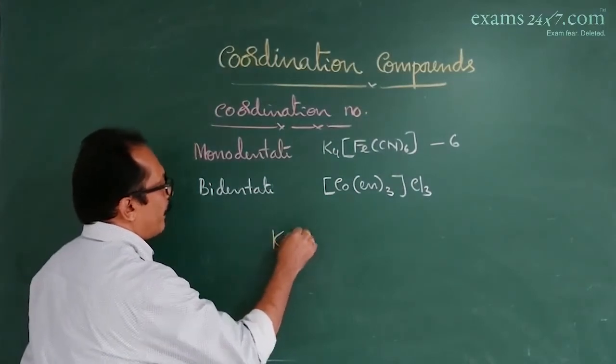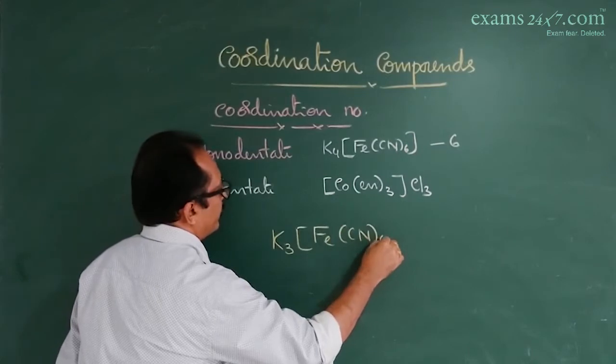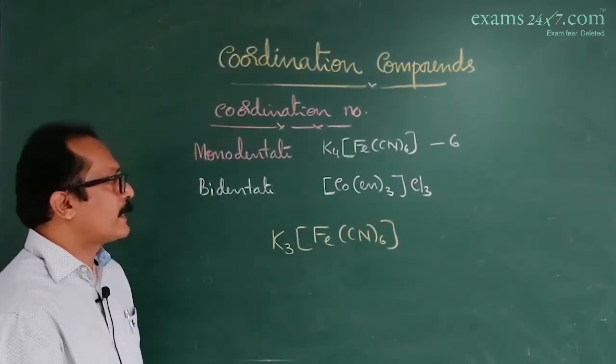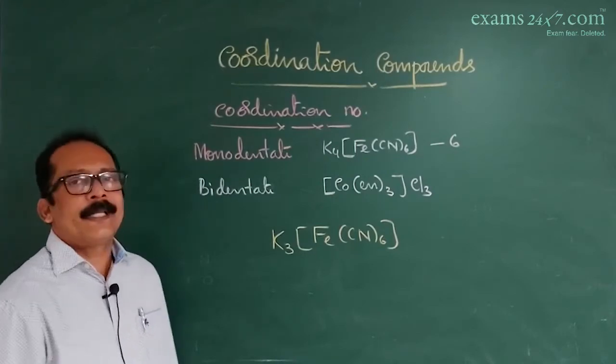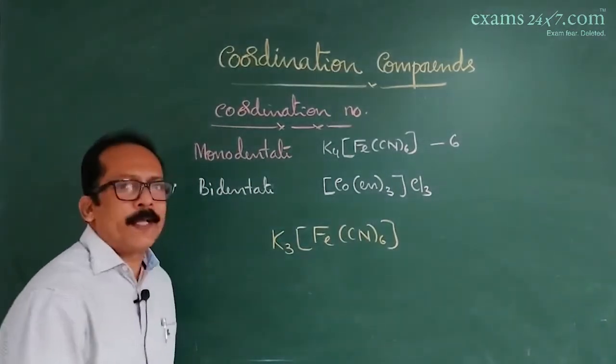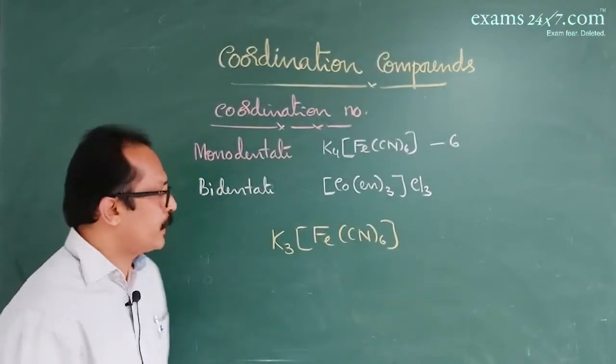Then about the terms like coordination sphere and ionization sphere. If you take this compound, potassium ferrocyanide, when the central metal atom is bonded with ligands, that part is always written inside the square bracket, which represents the coordination sphere.